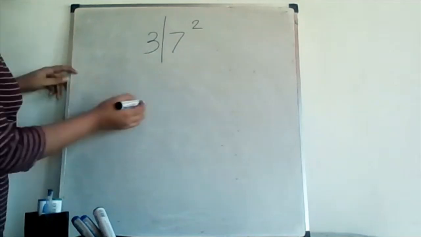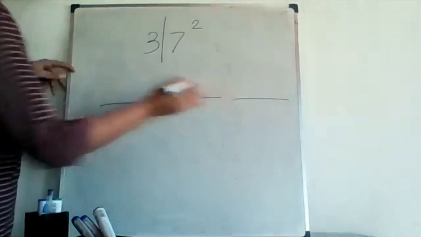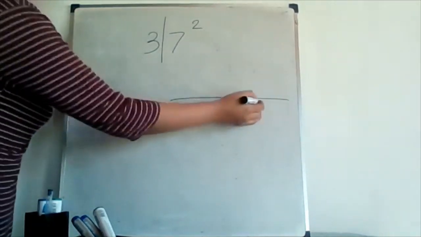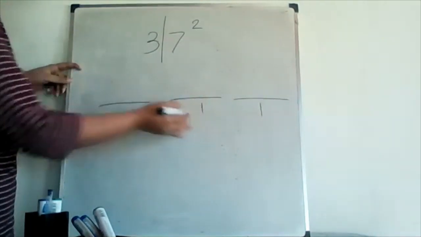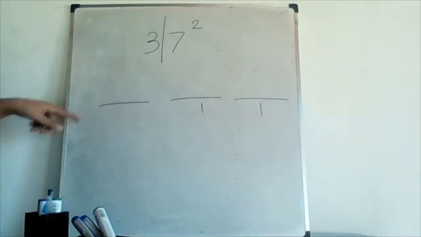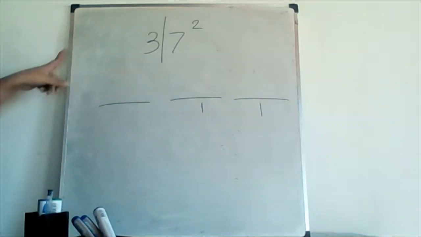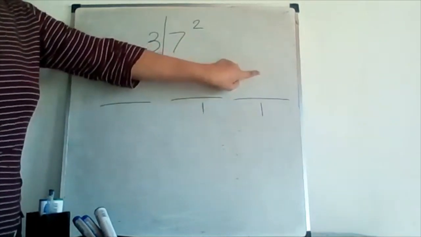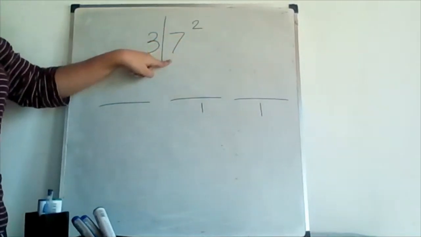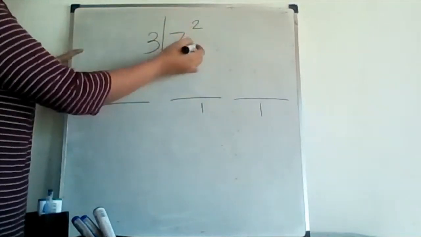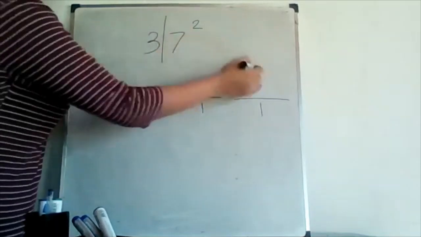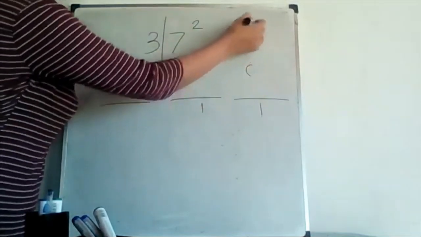After that, consider the answer as three groups, where here only one digit is allowed, here also only one digit is allowed, and for this first group there are no limitations. Then we find the value for the last group, that is 7 into 7, the square of the last digit, that means 49.